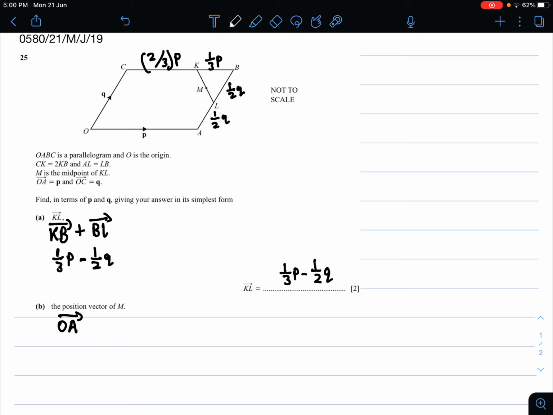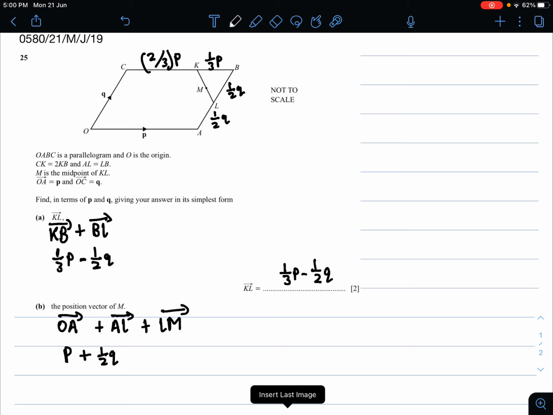So let's continue. O to A plus A to L plus L to M. Now O to A, it's pretty straightforward. They've given it to us in the question as P. A to L we calculated before we started solving the question, that is half Q, and LM.